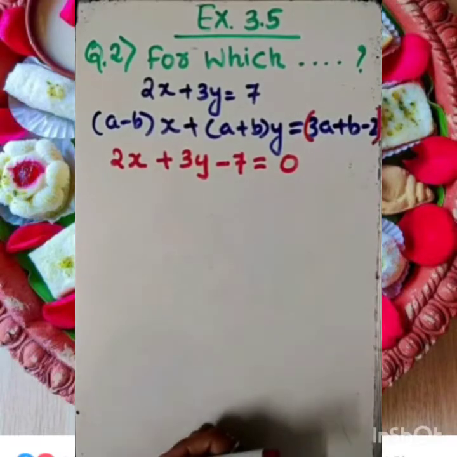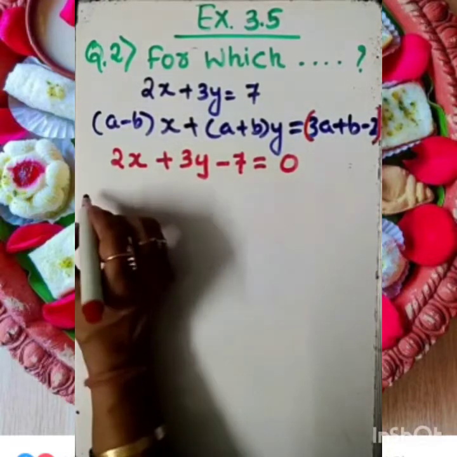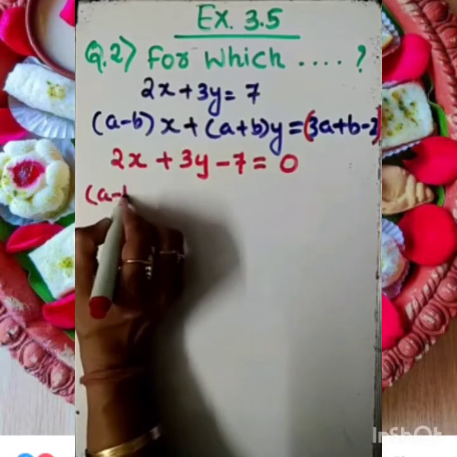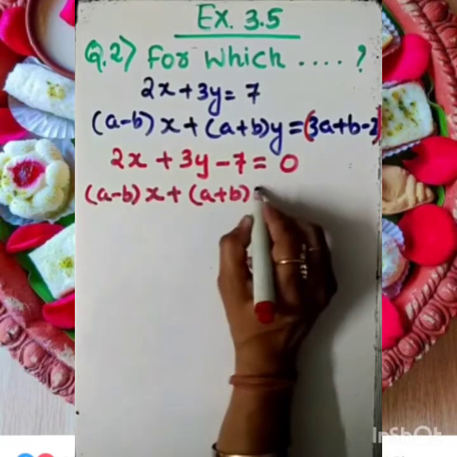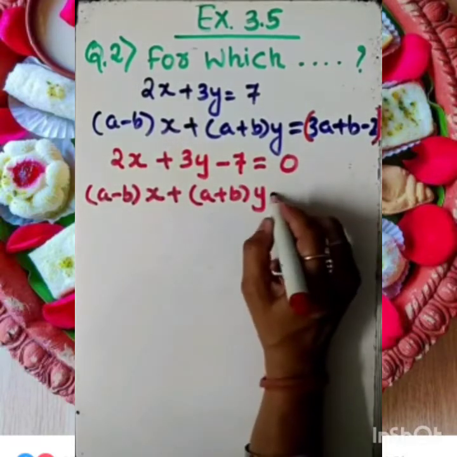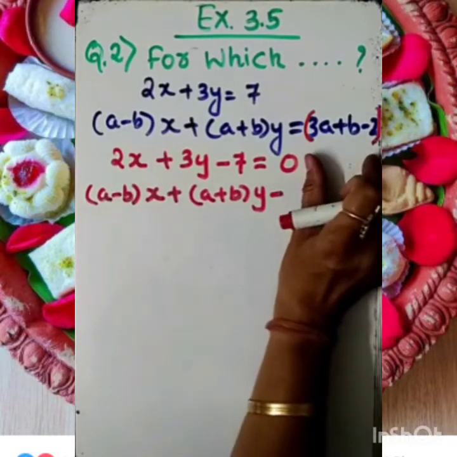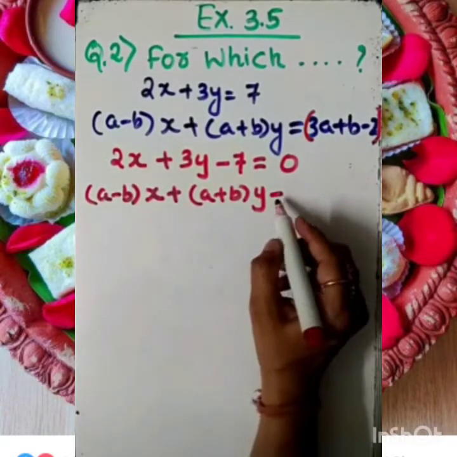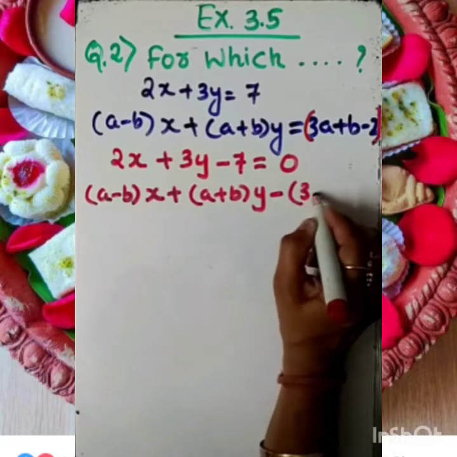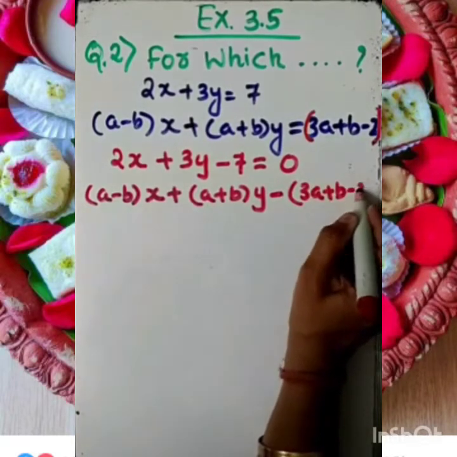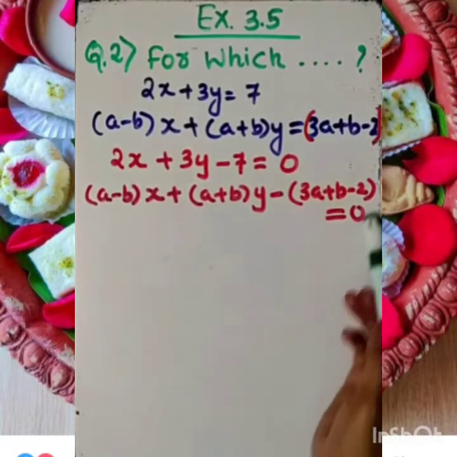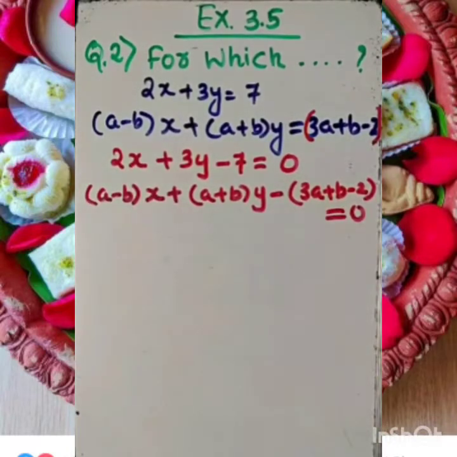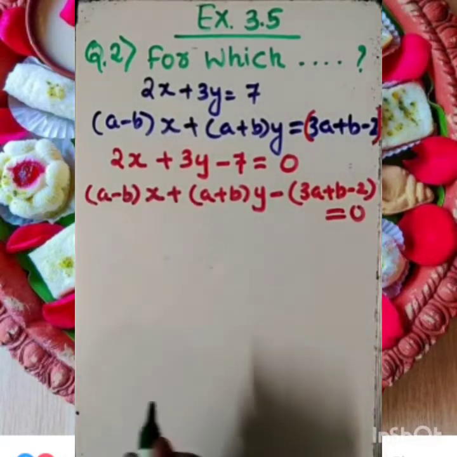Then a minus b x plus a plus b y, and this full expression I am bringing to the left side, so it becomes minus. So minus (3a plus b minus 2), let it be in bracket, no need to change the sign, because the full expression we are bringing to this side. That will be considered as our constant term.